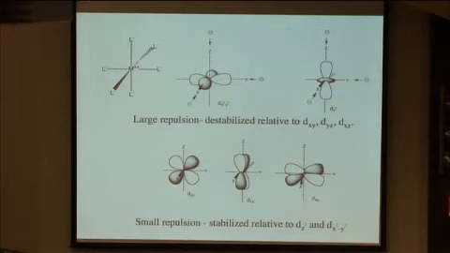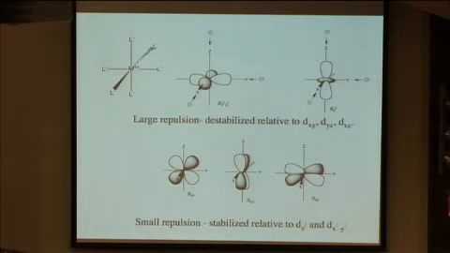So then to summarize this set of orbitals, for dz squared and dx squared minus y squared, we have large repulsions by those negative point charges. They're pointing directly at the orbitals, and so they're destabilized higher in energy than the dxy, dyz, and dxz.